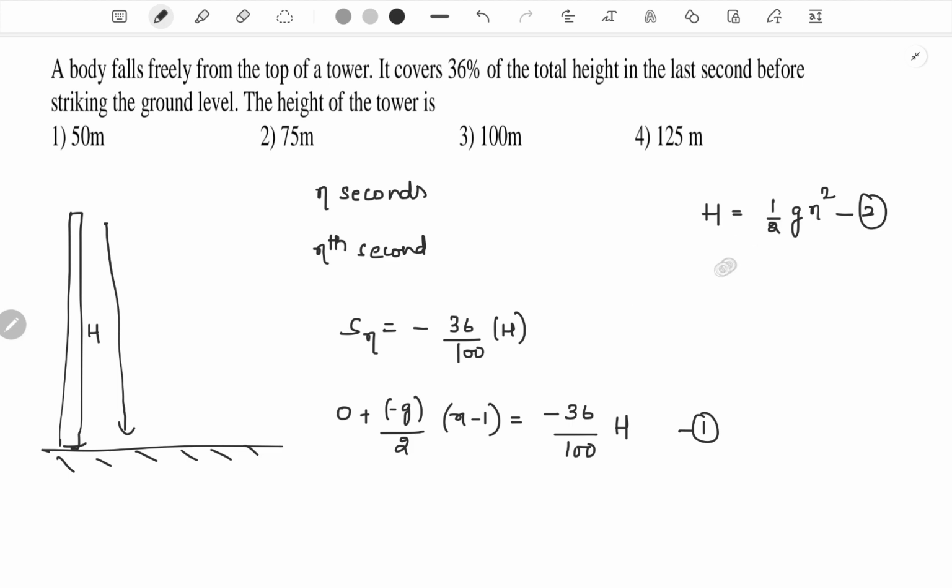We have two equations in h and n. The thing that we need is the height h. So try to get rid of n in these relations. n is basically root of 2h by g. Substitute that here and solve the equation to get that value.